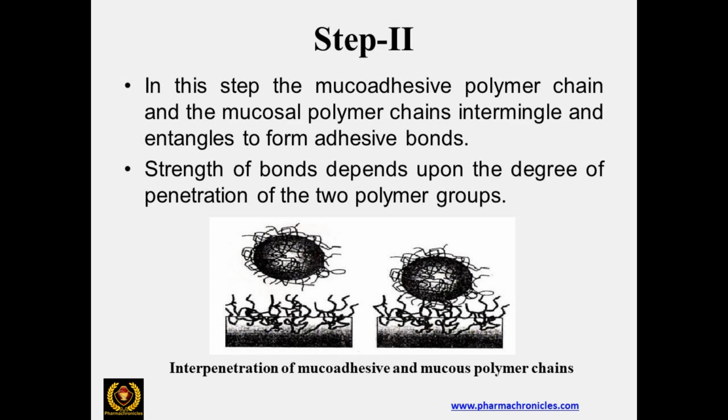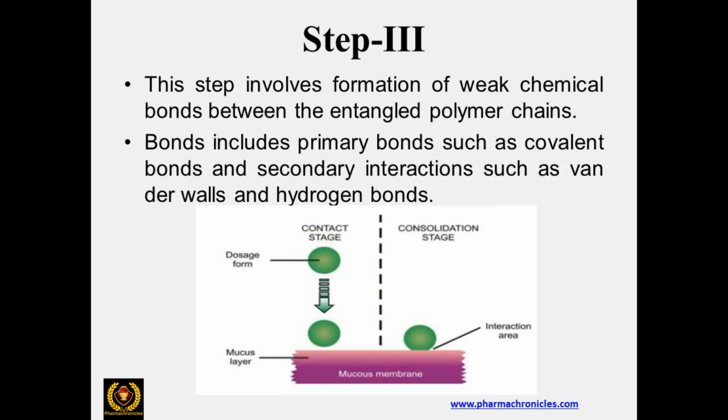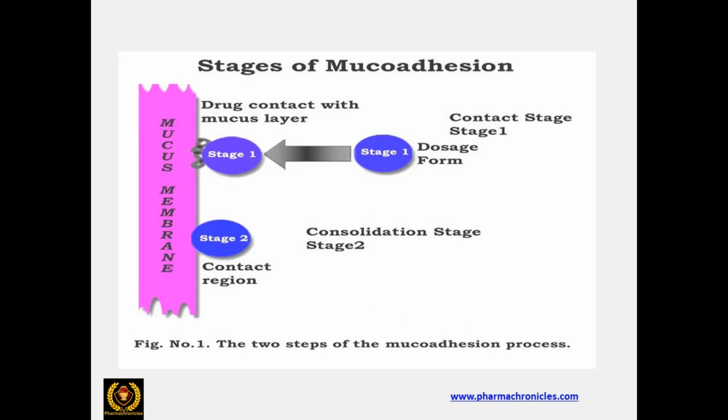Strength of bonds depends upon the degree of penetration of the two polymer groups. Step 3. This step involves formation of weak chemical bonds between the entangled polymer chains. Bonds include primary bonds such as covalent bonds and secondary interactions such as van der Waals and hydrogen bonds. Stages of mucoadhesion.